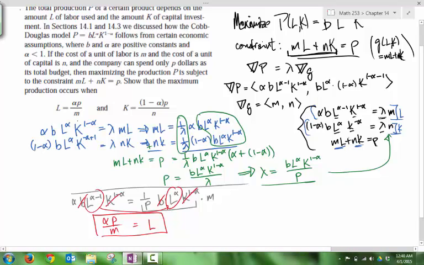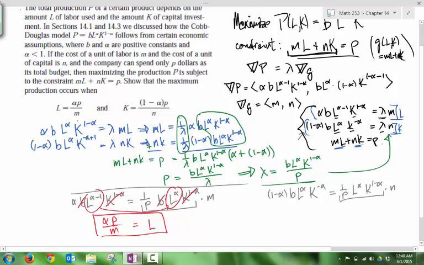Alright, similarly, we can take this lambda and put it into this second equation. So let's start writing that out. We got 1 minus alpha b L to the alpha k to the negative alpha is equal to lambda. Again, I will rewrite lambda as 1 over p, b L to the alpha k to the 1 minus alpha, and then times n.